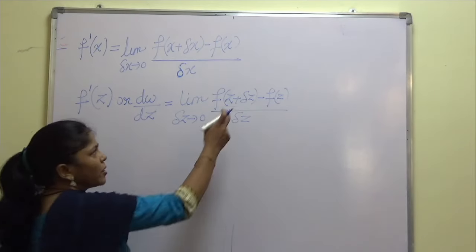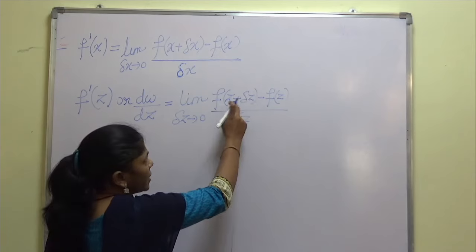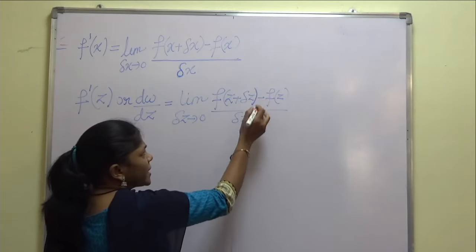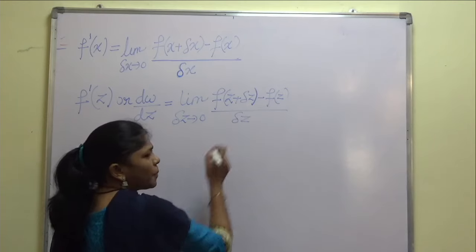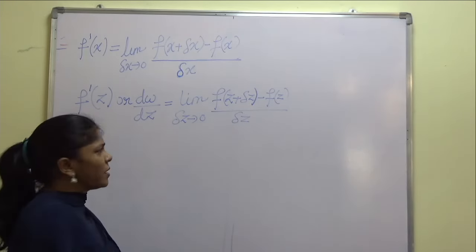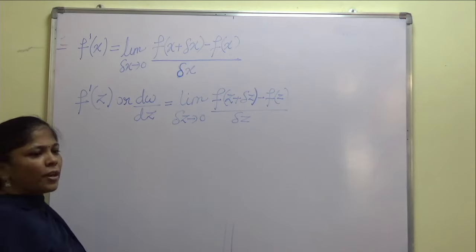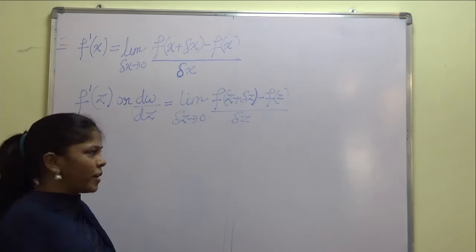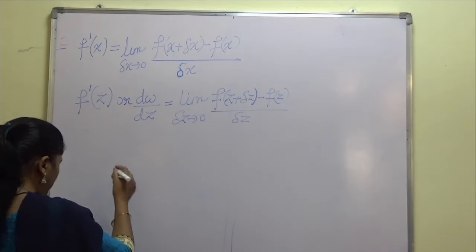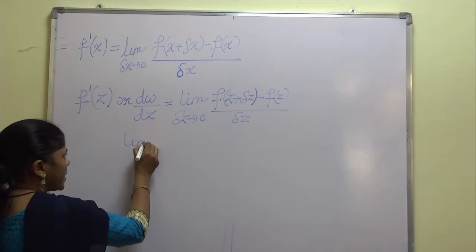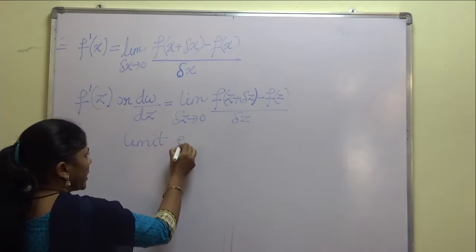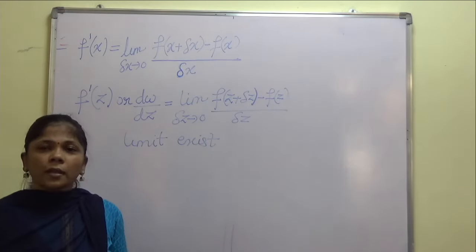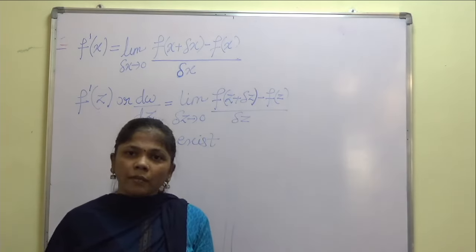So we give an increment to z in this function. The derivative of the function of complex variable is defined provided the limit exists. If the derivative does not exist, it won't be called the derivative of the function.